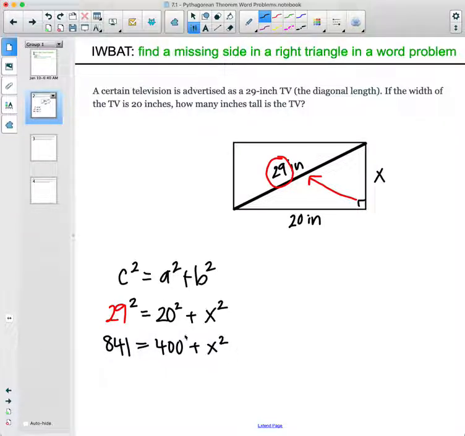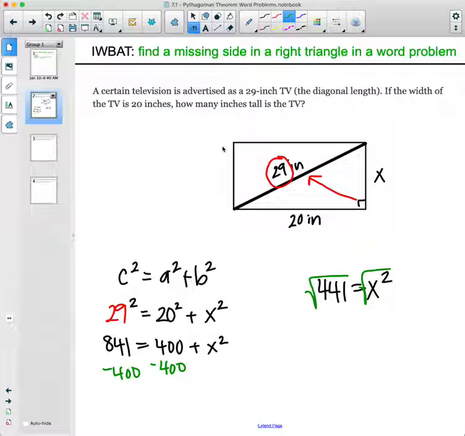Then we'll solve for x here by subtracting 400 first. And so we get 441 equals x squared. To undo a squared, we do a square root to both sides.